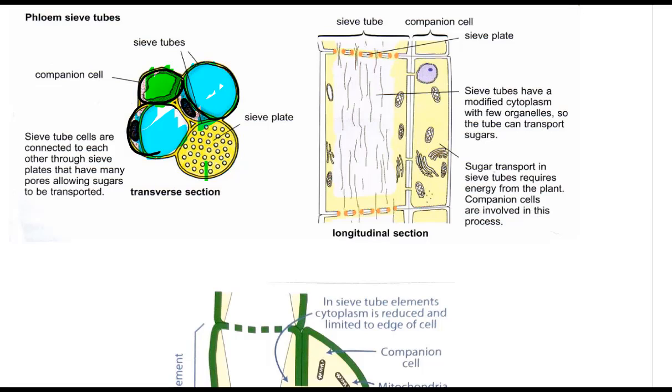This sieve tube actually just shows you the top of a sieve plate, which also shows the sieve pores. Now, I realise in transverse section that doesn't really mean much to you, so hopefully in longitudinal section it'll be a bit easier to understand.